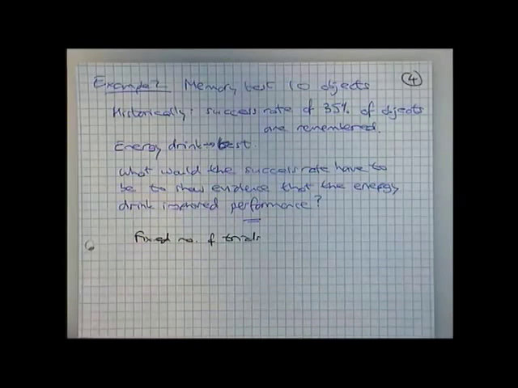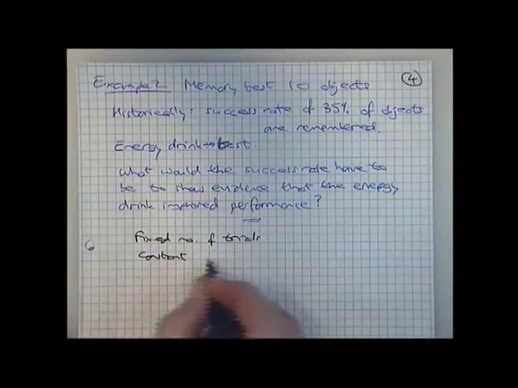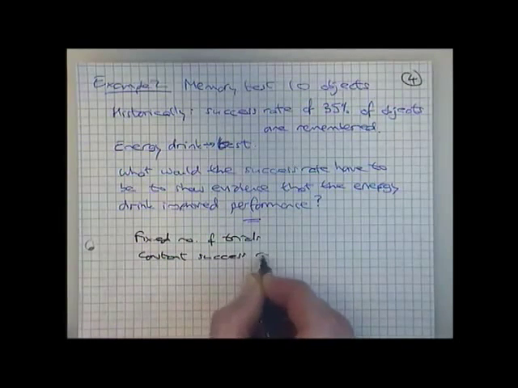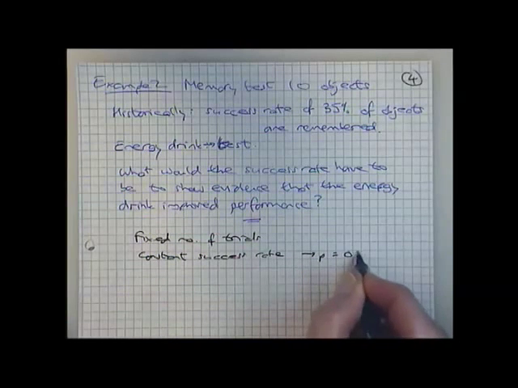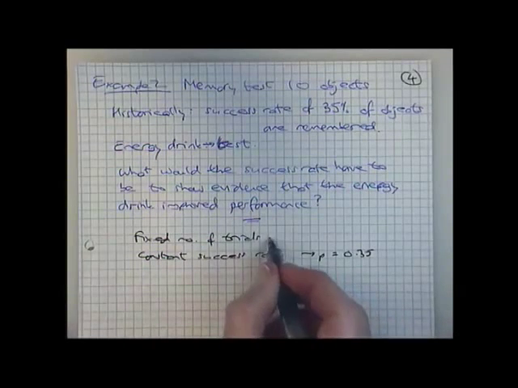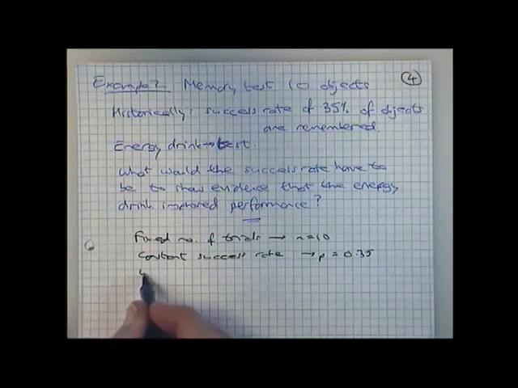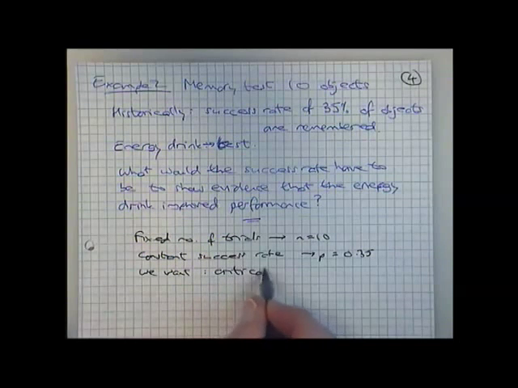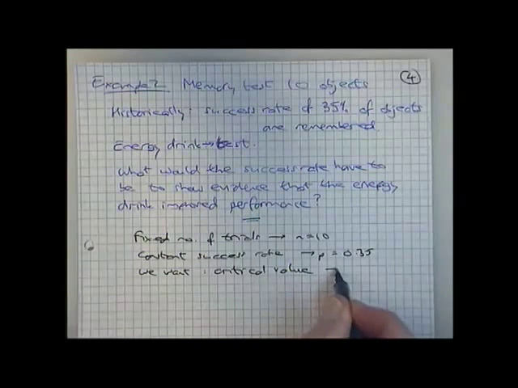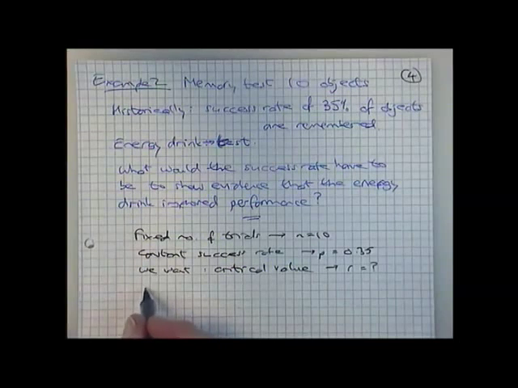Under the null hypothesis, historically, there's a constant success rate, so P is 0.35. The fixed number of trials tells us that N is 10. What we want to know is what our critical value is, which you can think of as our R value if we are going binomial.